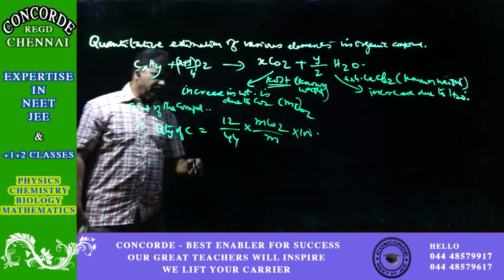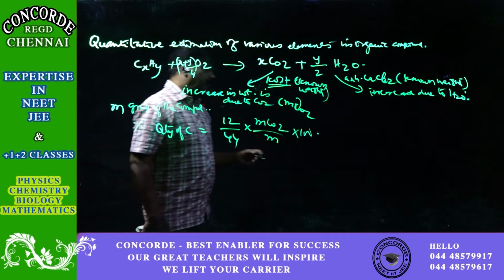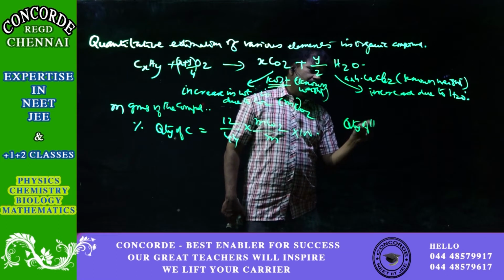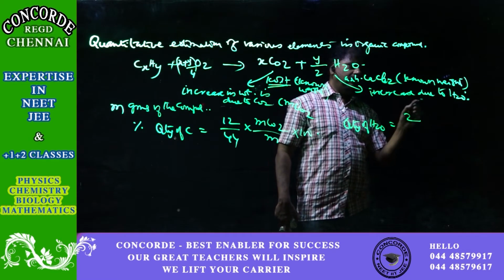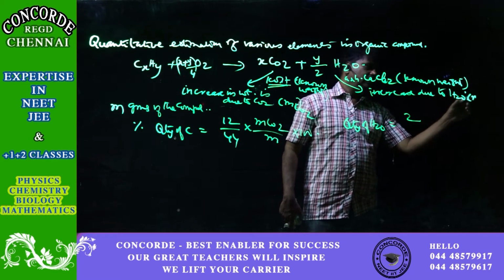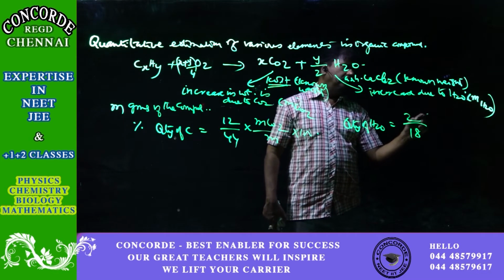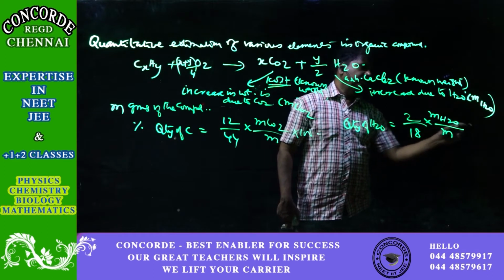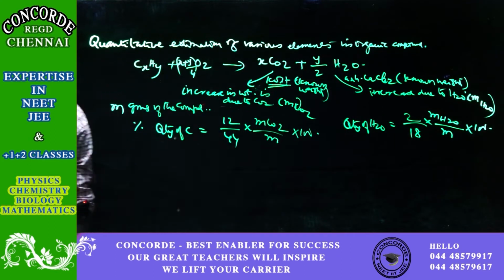Similarly, here the percentage quantity of hydrogen will be 2 by 18 into M H2O by M into 100.